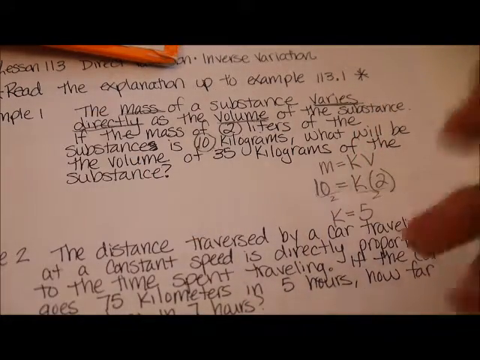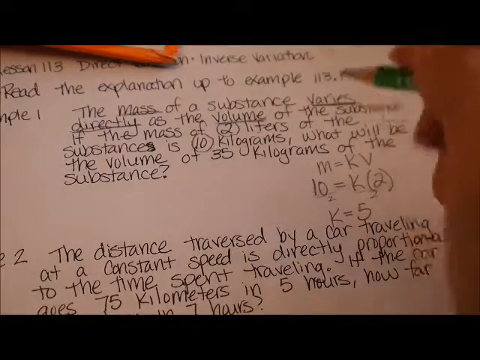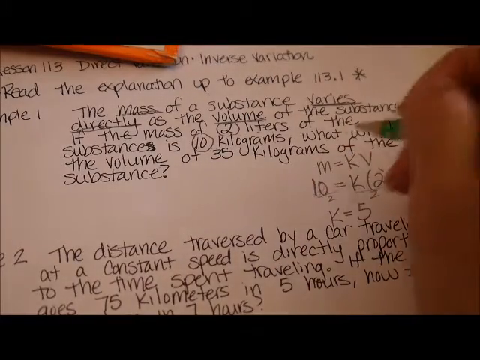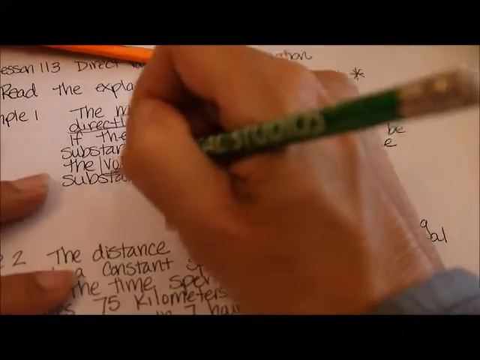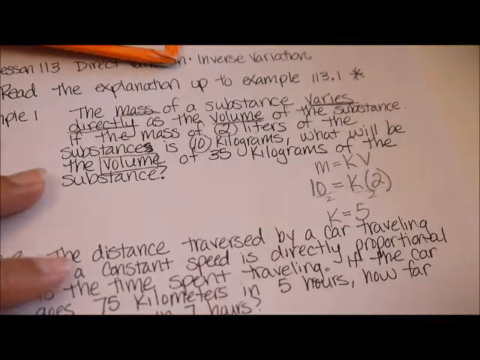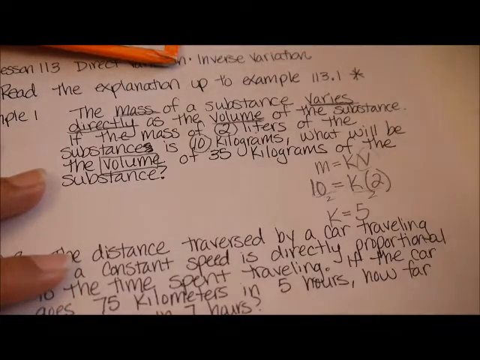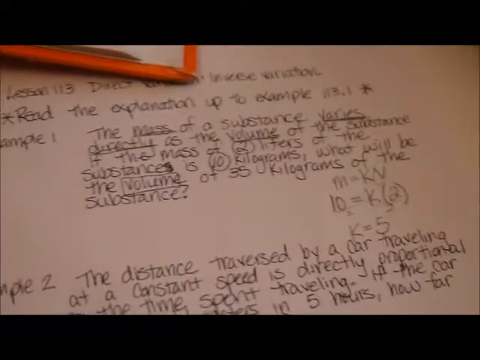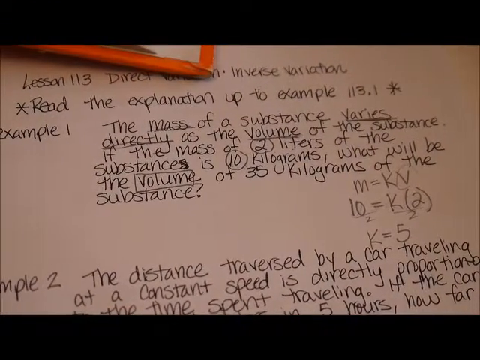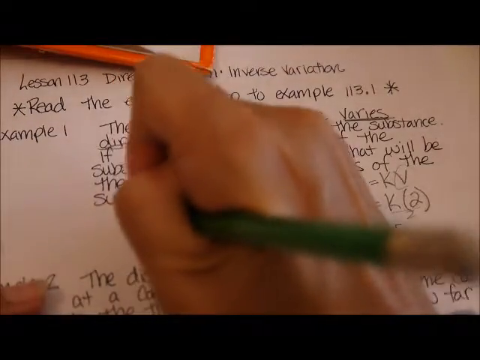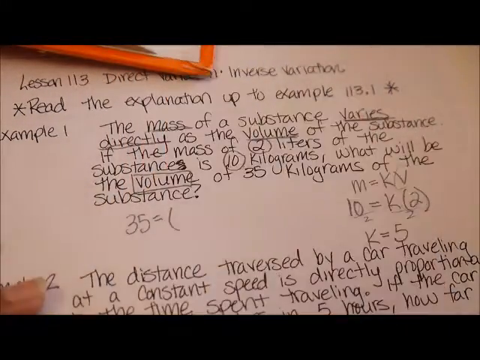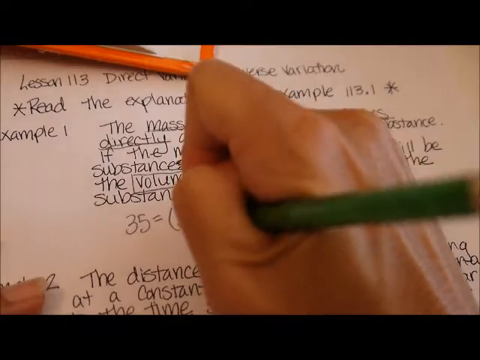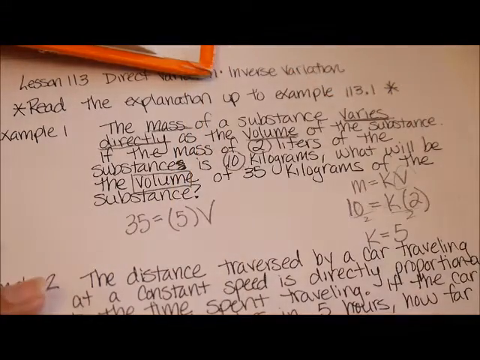So what we now do is look at the question. What will be the volume? What's the volume? So we're looking for this number. If the mass is 35, you'd say 35 equals, we use our K now, 5 times V. Okay, so what can we get?